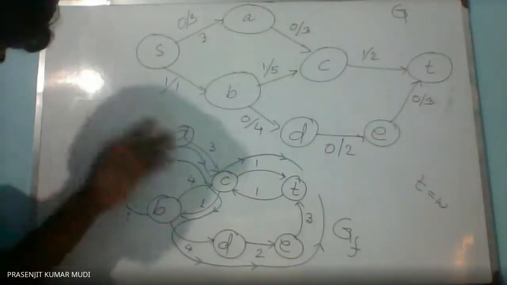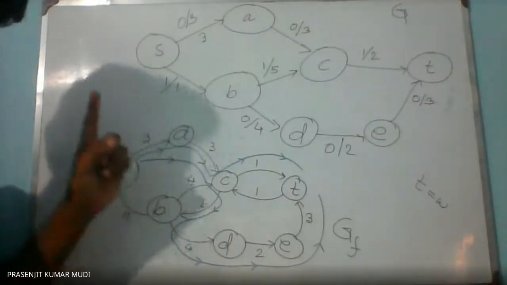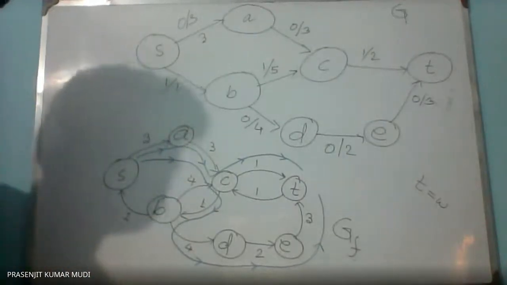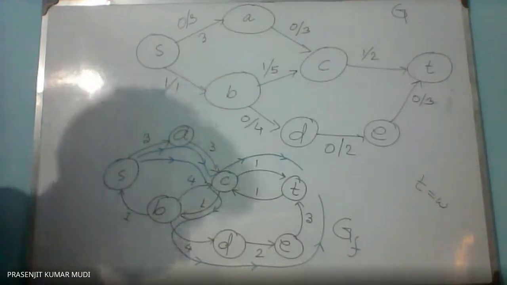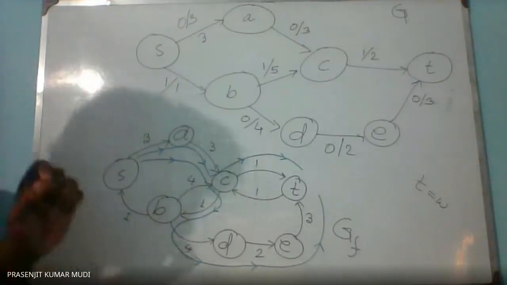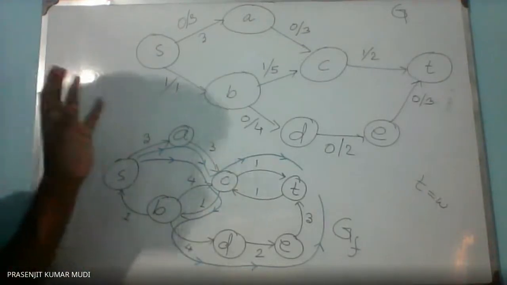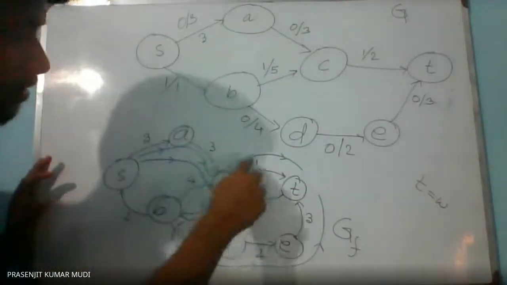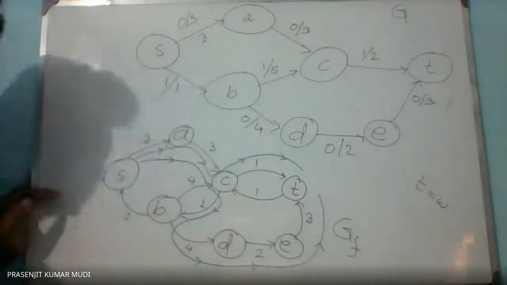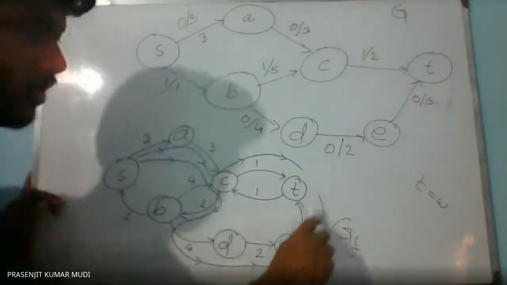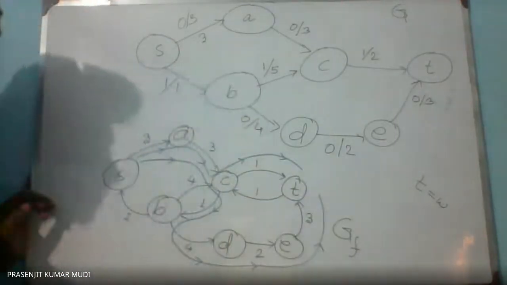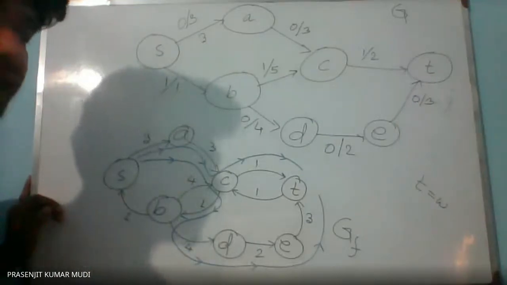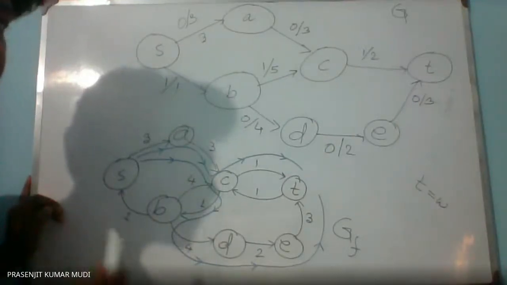Now, out of these paths, I will select that path as an augmenting path where I will have minimum capacity of that augmenting path. So the first path can be an augmenting path. The second path can also be an augmenting path. I will select a suitable path as an augmenting path where I should have the minimum capacity.